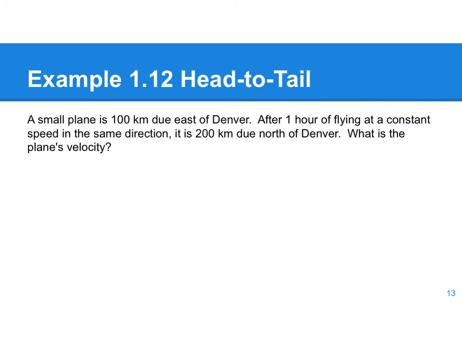So let's take a look at an example problem. We have a small plane that is 100 kilometers due east of Denver. After 1 hour of flying, it's 200 kilometers due north of Denver. Okay, that represents Denver.